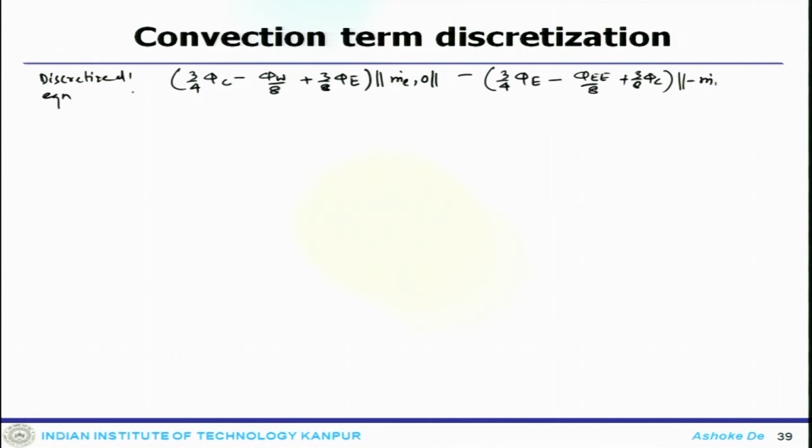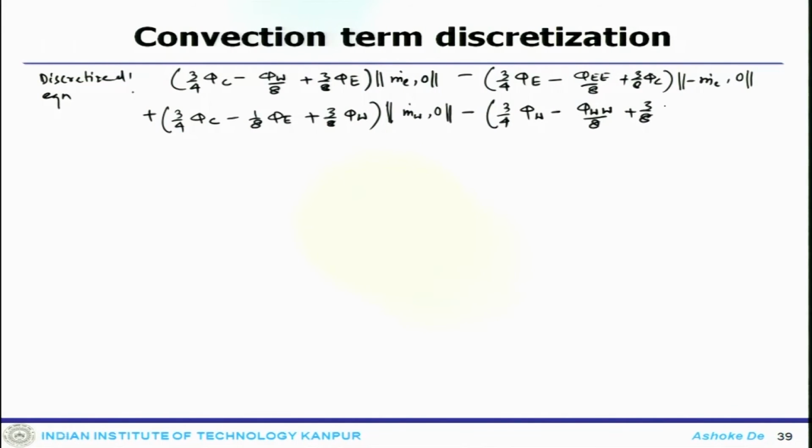Once you do that, the discretized terms would look like 3 by 4 phi c minus phi w by 8 plus 3 by 8 phi e, that is the first term, multiplied with m dot e 0, minus 3 by 4 phi e minus phi E by 8 plus 3 by 8 phi c multiplied with minus m dot E 0, plus 3 by 4 phi c minus 1 by 8 phi E plus 3 by 8 phi w multiplied with m dot w 0, minus 3 by 4 phi w minus phi w w by 8 plus 3 by 8 phi c.